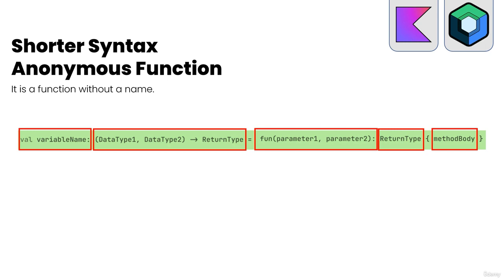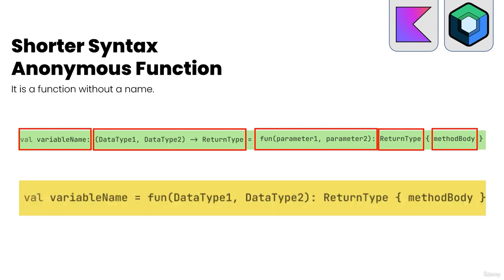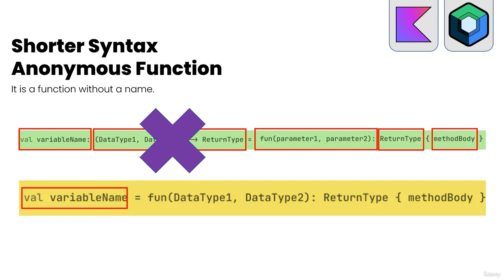Let's introduce the shorter syntax of anonymous function. This is the basic and the general syntax of the anonymous function. We can get rid of this part, so we can introduce a variable name, whatever you want, equal directly to the function keyword, fun, data type 1 and data type 2.